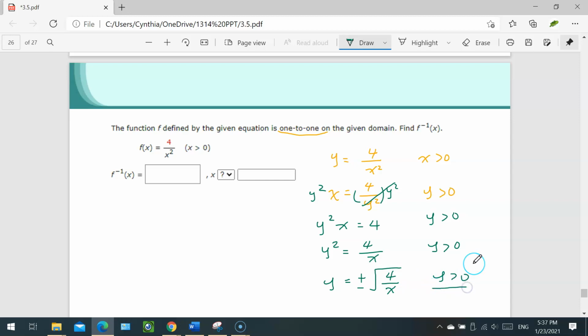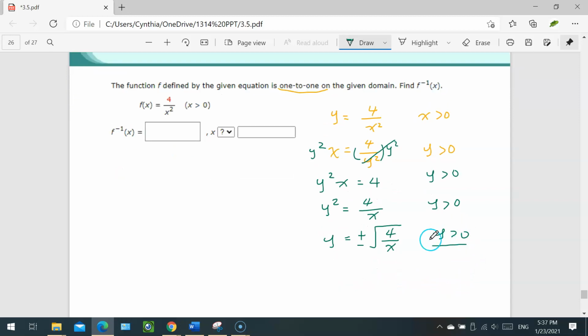So here, since they give us the restriction that y is greater than 0, we only pick the positive solution. So only go with the root of 4 over x. Here, root 4 over root x. I'm not sure whether the answer key will let you input this one, or you might have to simplify it.